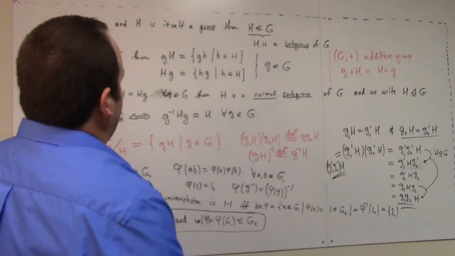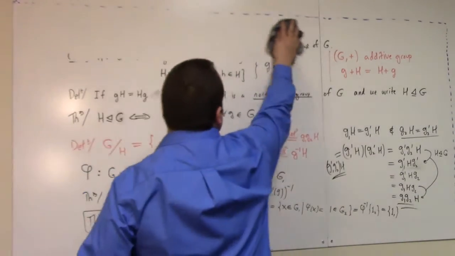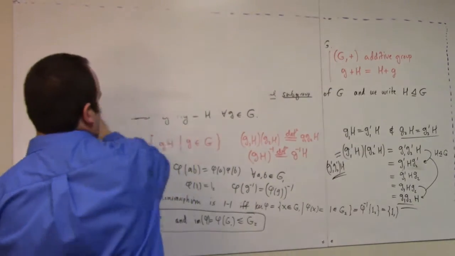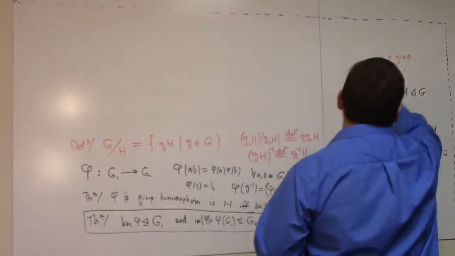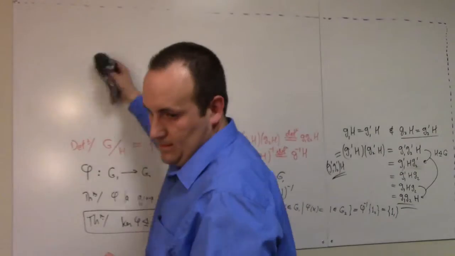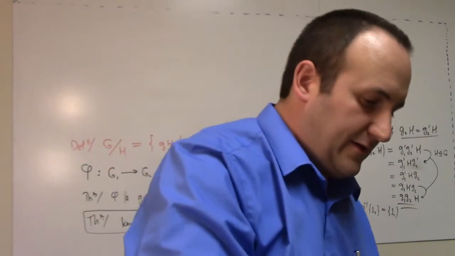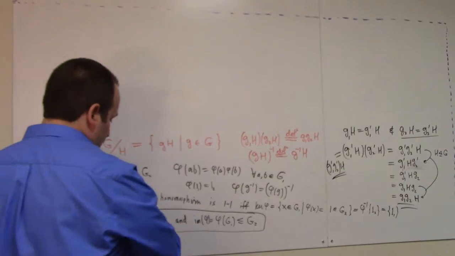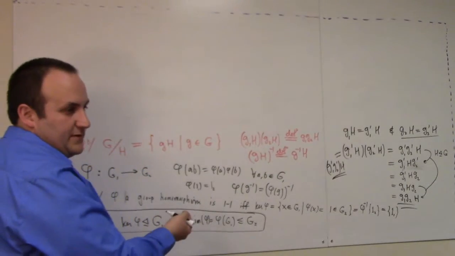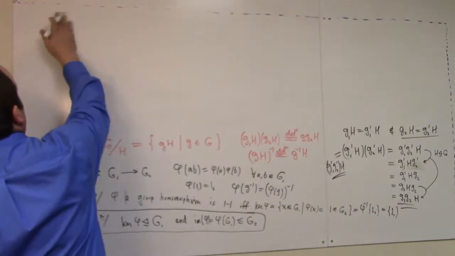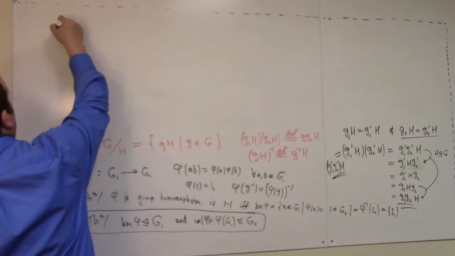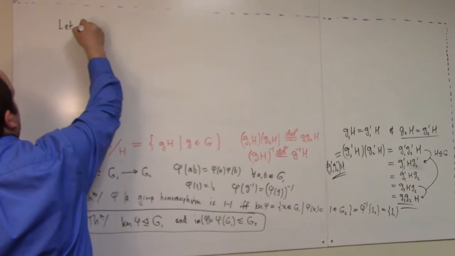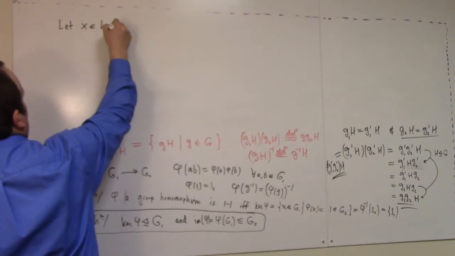So one of the fundamental things then, this is the kernel. Let's see, can we prove the kernel of phi is normal? Let's let x be an element of the kernel of phi.